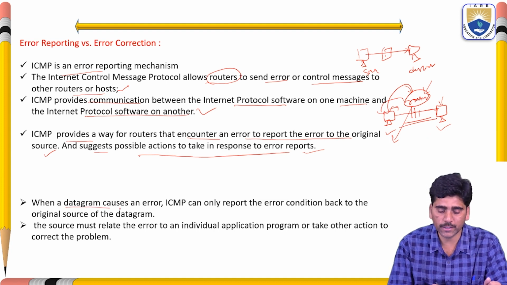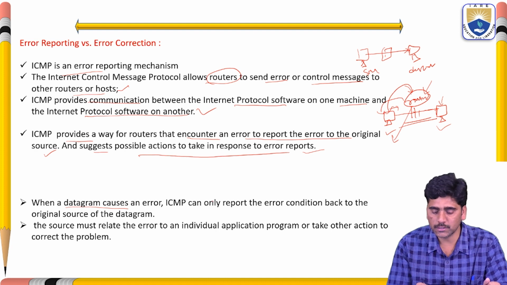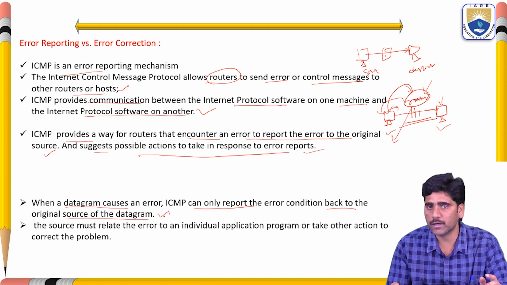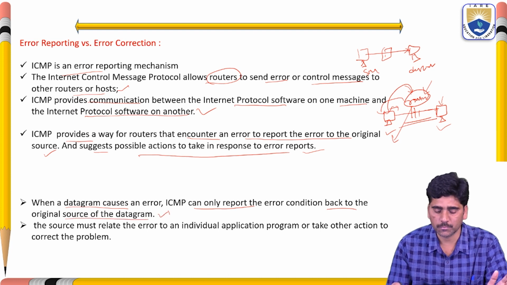When a datagram causes an error, ICMP can only report the error condition back to the original source of the datagram. So if any data transmission fails, the router has to inform the original source that because of so and so issue, the packets may have failed.